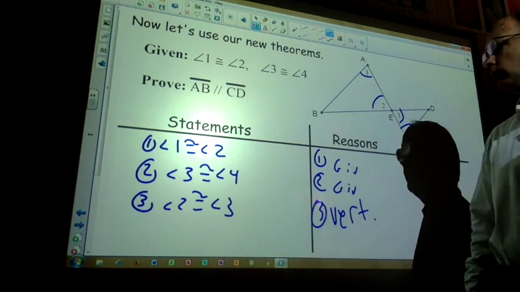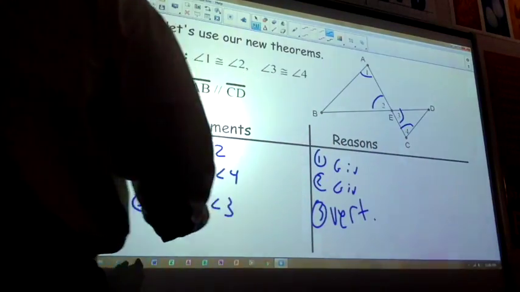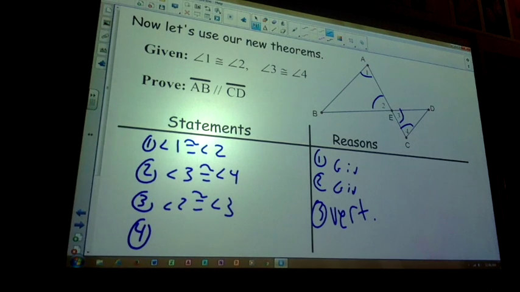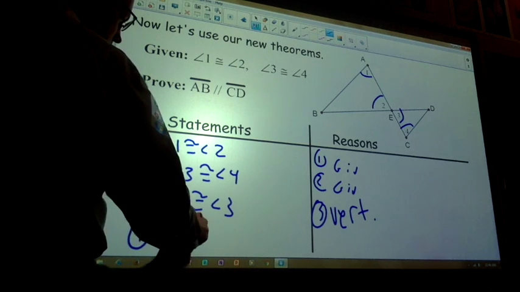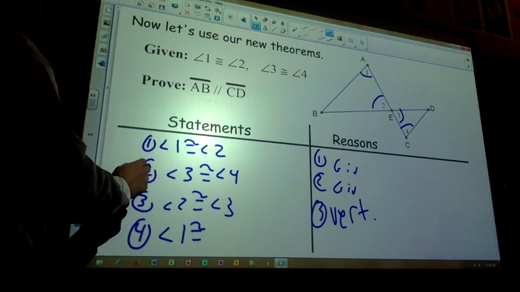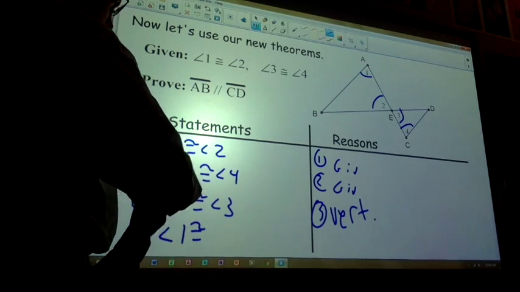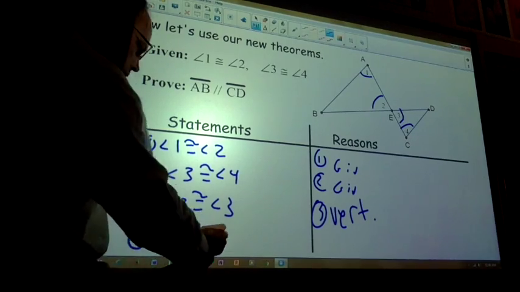So we can go. Do what? One is what? Well, I think we can delete that. 1 is congruent to angle 2. 2 is to 3. 3 to 4. So I can go 1 is congruent to 3.